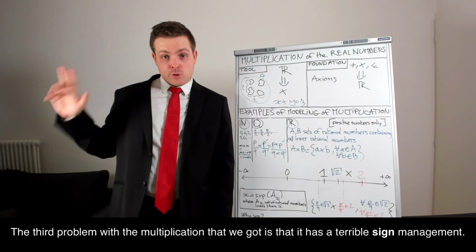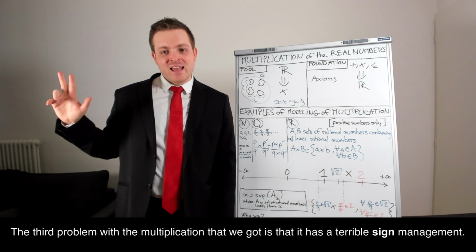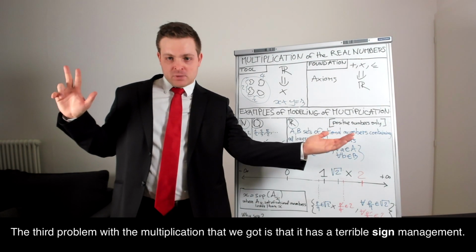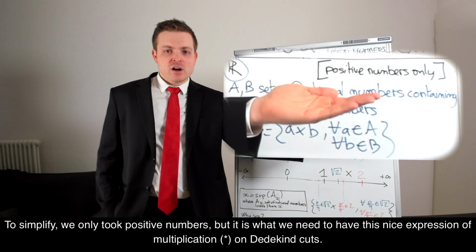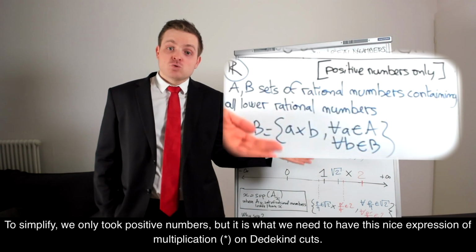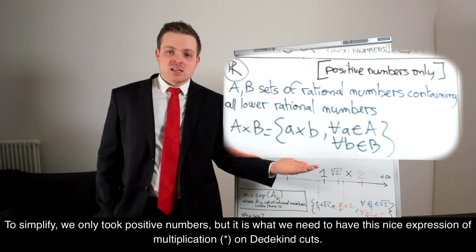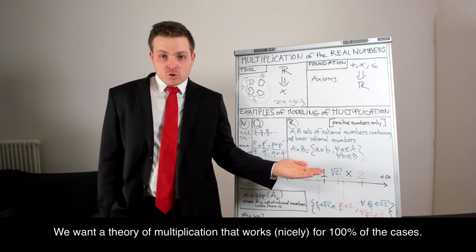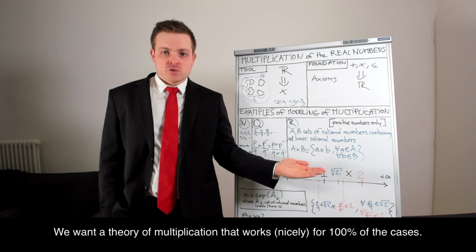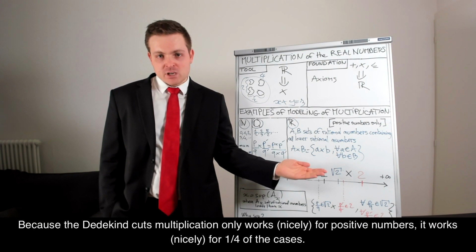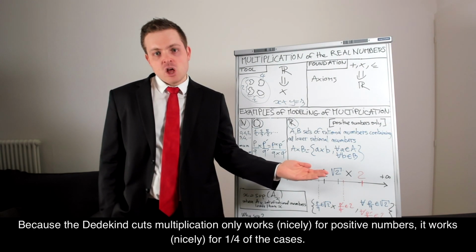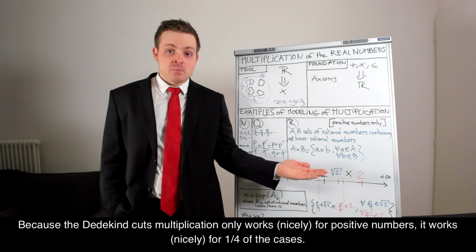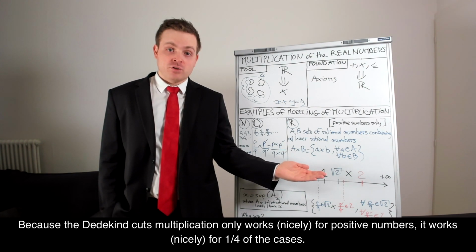The third problem with the multiplication that we got is that it has terrible sign management. To simplify, we only took positive numbers, but this is what we need to have this nice expression of multiplication on Dedekind cuts. We want a theory of multiplication that works for 100% of the cases. Because the Dedekind cuts multiplication only works for positive numbers, it works for 1/4 of the cases.